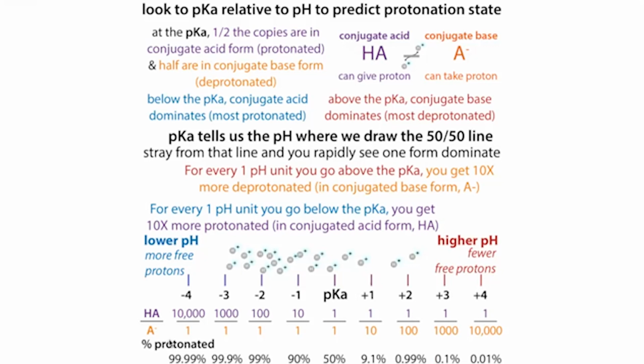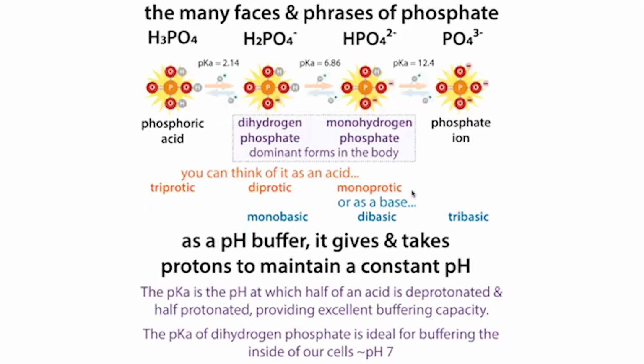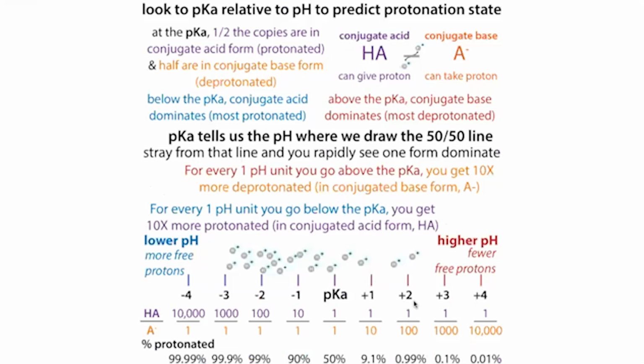So we'll start with just an estimate, and then we'll go into actual calculations. When we look at our phosphate buffers, if we're at a pH of 6.86, and now let's consider a pH of about 7.4, we're going to be about 1 pH unit above the pKa. So basically, we're going to have a little fewer protons available.